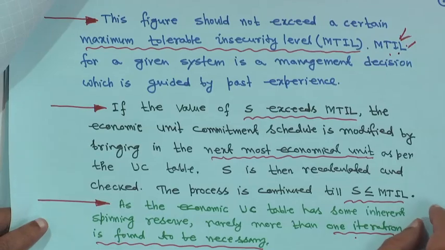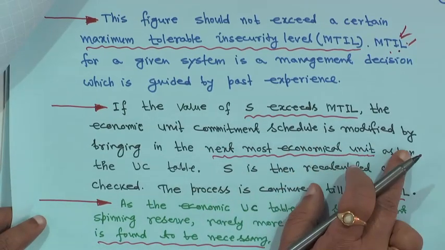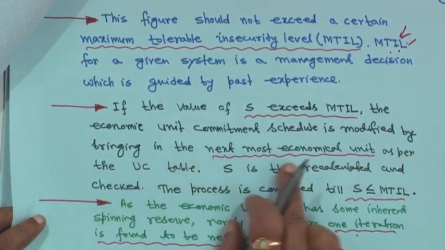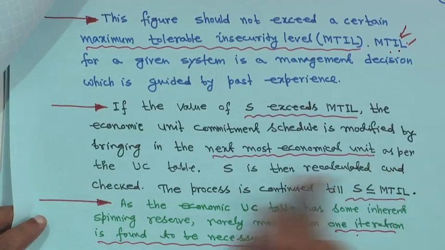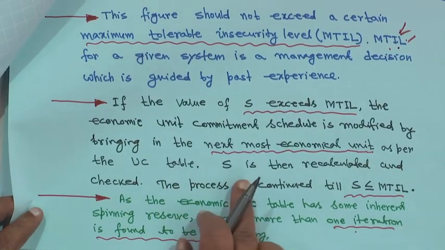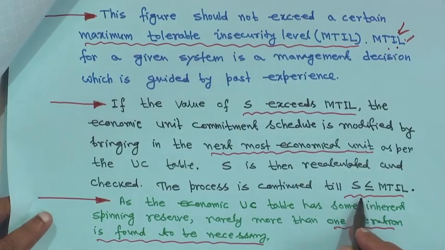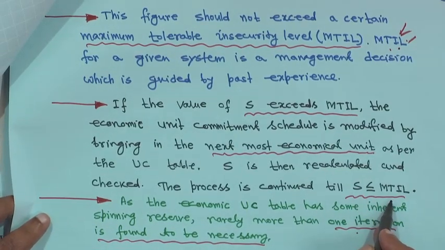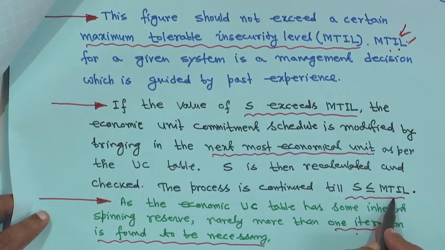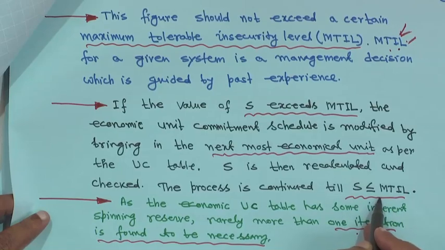The economic unit commitment schedule is modified by bringing in the next most economic unit as per the unit commitment table. S is then recalculated and checked, and the process continues until S becomes less than MTIL.